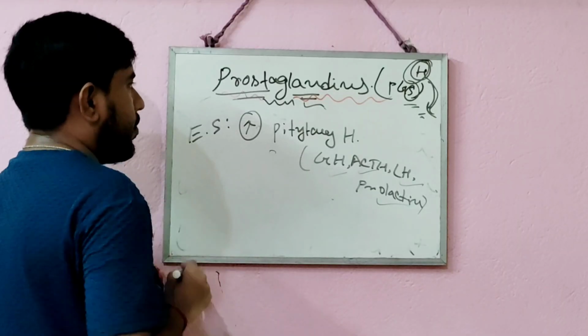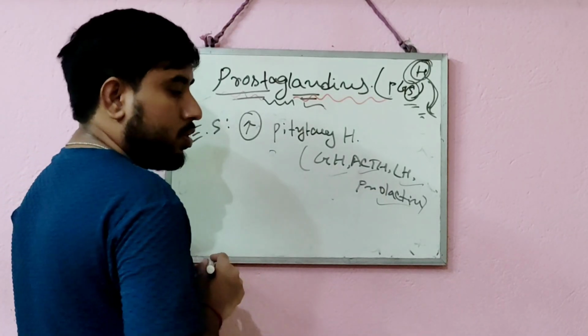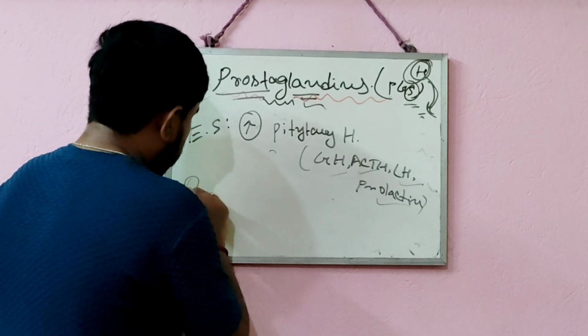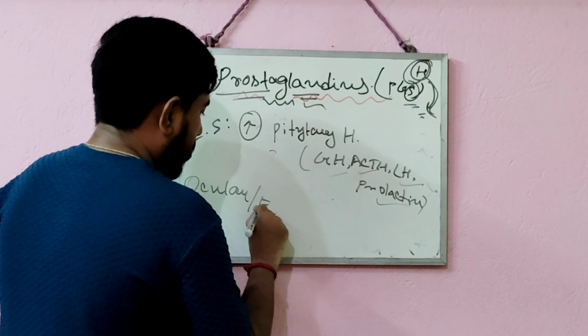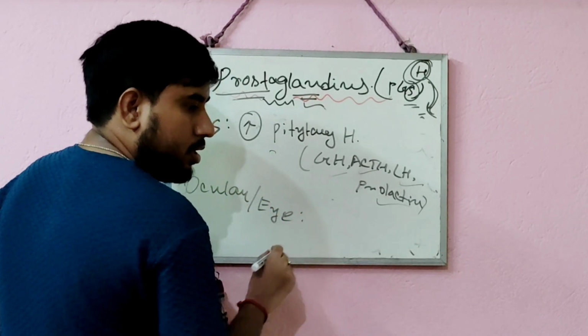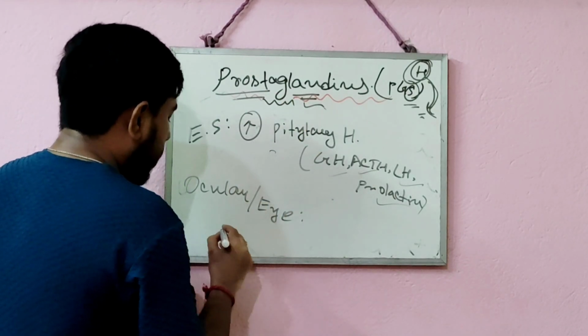Then at last we will discuss the role of prostaglandin in the ocular system, or the eye. In the eye, how does prostaglandin generally act?